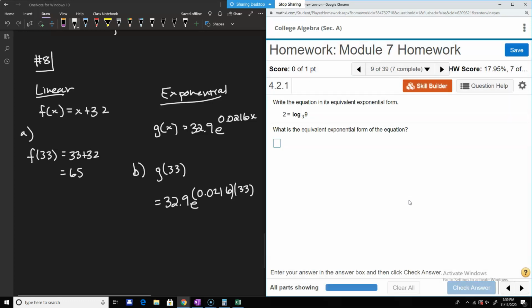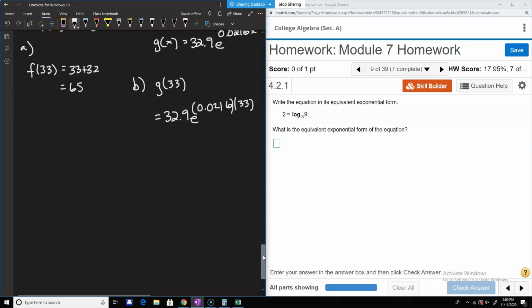Okay, so now we're going to start talking about logarithms. So the way to think about logarithms is the inverse operation of exponentials. I don't know, some students find this to be maybe the more challenging part of the course. So what the heck is a logarithm?